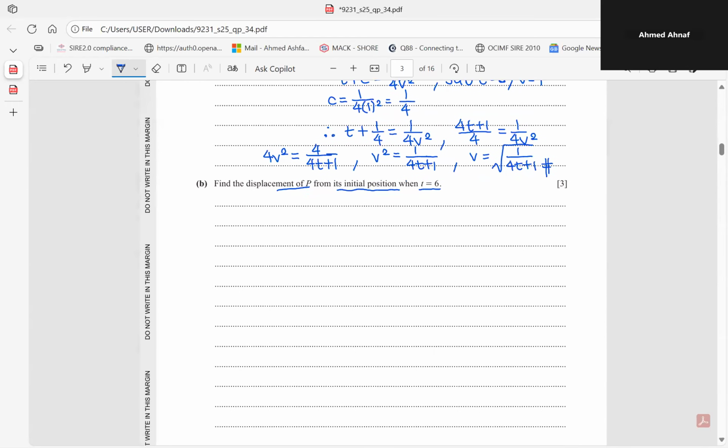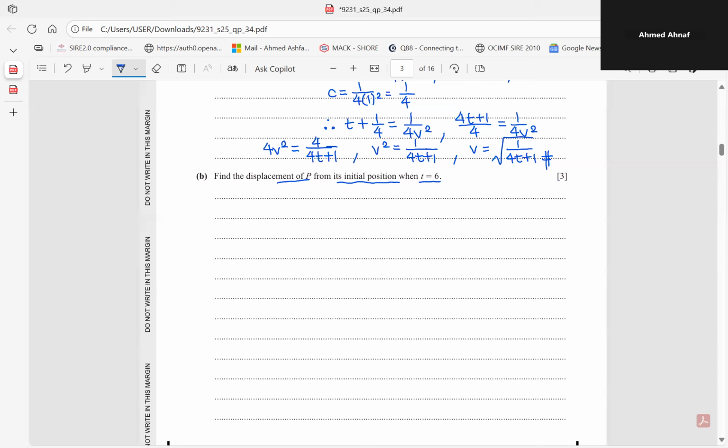Okay, so to find the displacement, you just take your velocity equation in terms of t and use the expression v equals dx/dt. So it's the rate of change of displacement, so dx/dt equals 1 over the square root of (4t plus 1). So again, we have a separable differential equation.